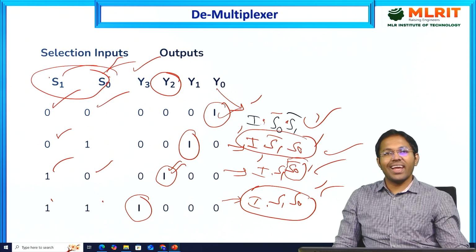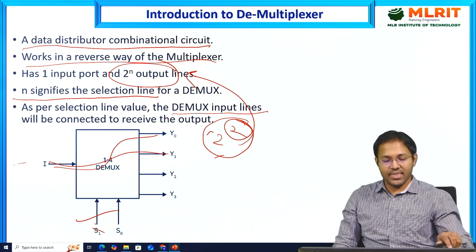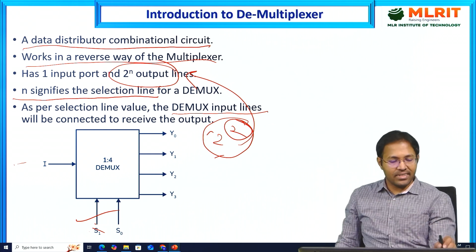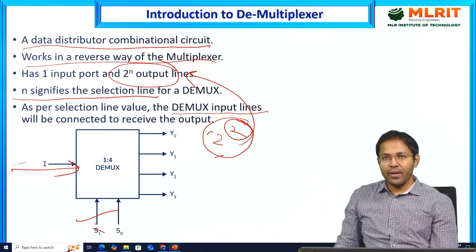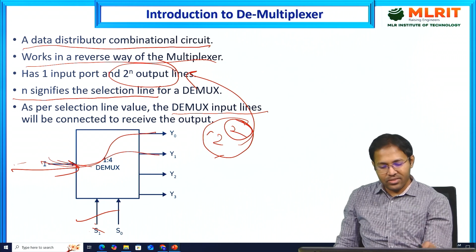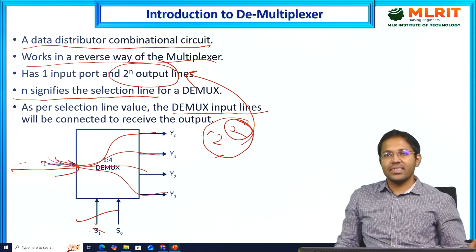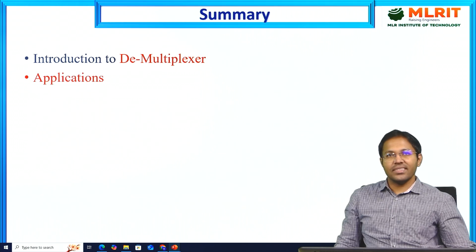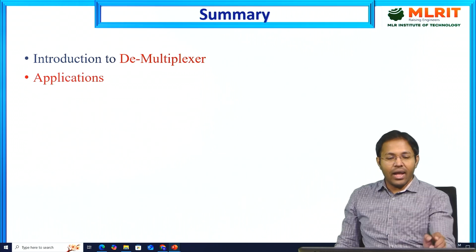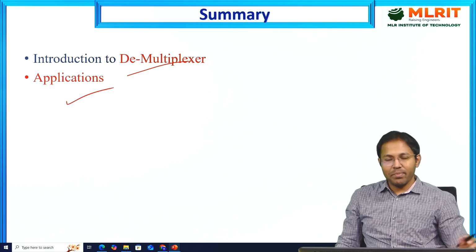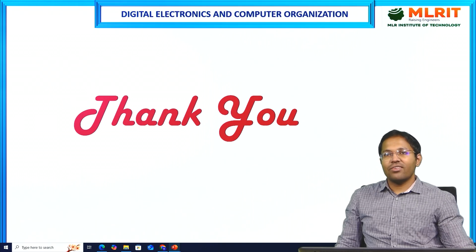Usually in broadcasting, multiple signals are combined into a single line. However, at the user end, the distribution takes place. So there again, the multiplexers are used. So we have seen the applications and also the general details about the demultiplexer. That's all for today's lecture. Thank you.